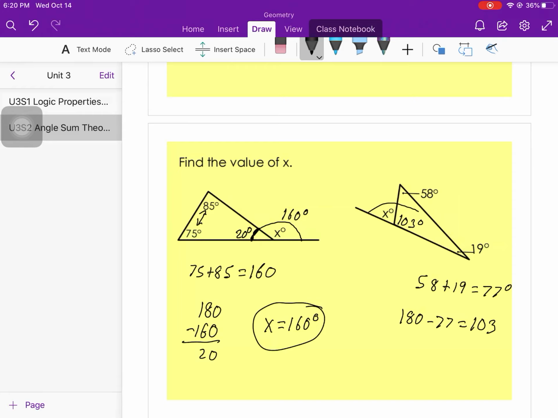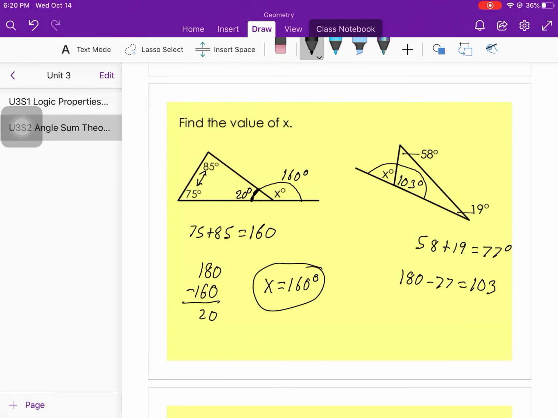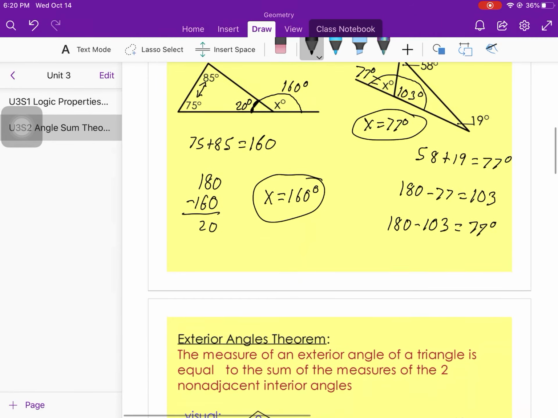So that's what's left for this angle here. And then if we want to figure out, well, what does x have to be if that's 103 to form a straight line? 180 minus 103 equals 77. Again, suspicious. So x equals 77 degrees.